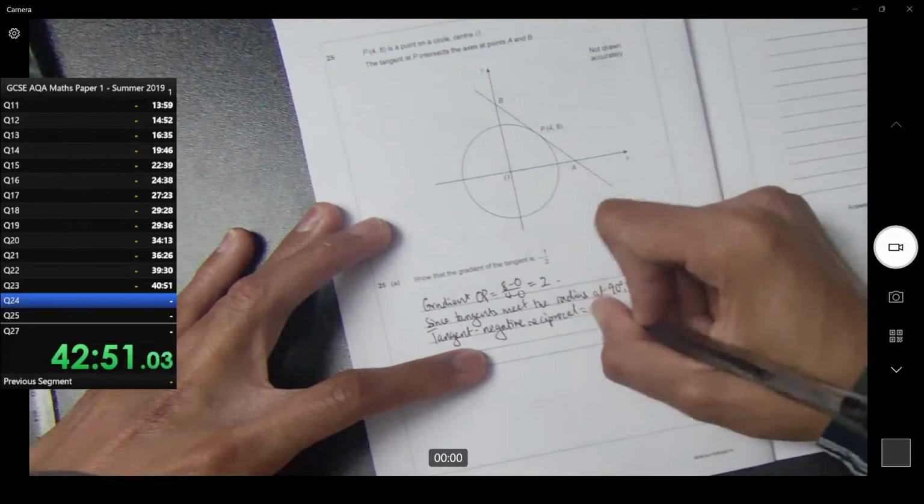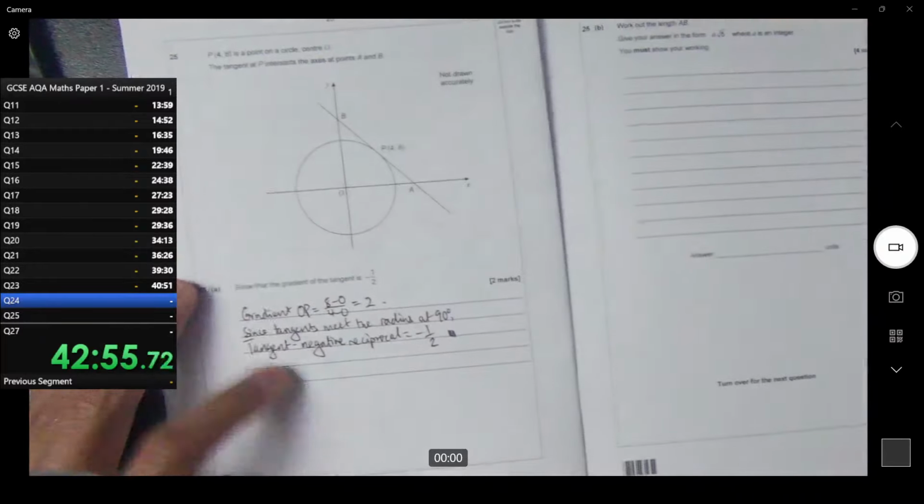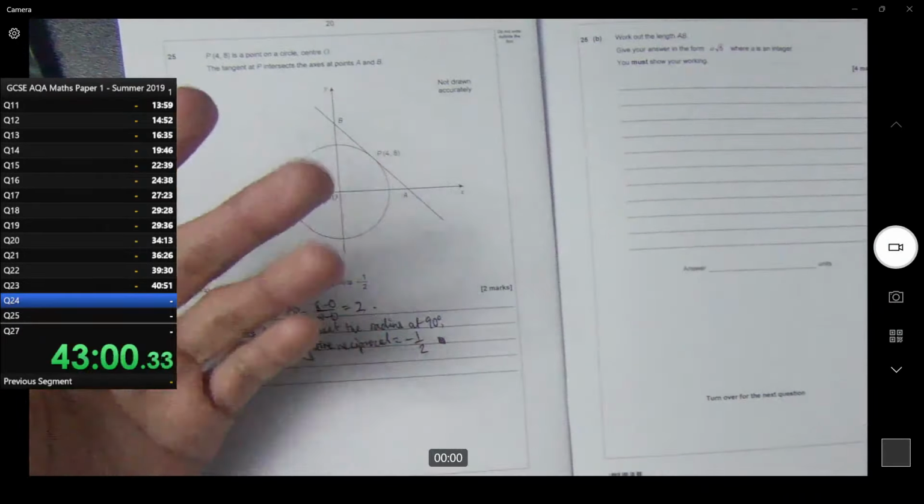That would be minus 1/2. So you do 1 divided by the number and make it negative or positive, or just flip it.